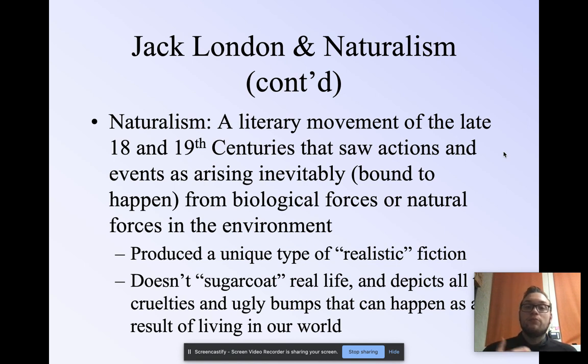So, this type of belief that the world is supreme, that human beings can only really control so much, produced a lot of really unique fiction. All right. So, fiction in the past, before naturalist writers, tended to be written from the perspective of a lot of rich people.